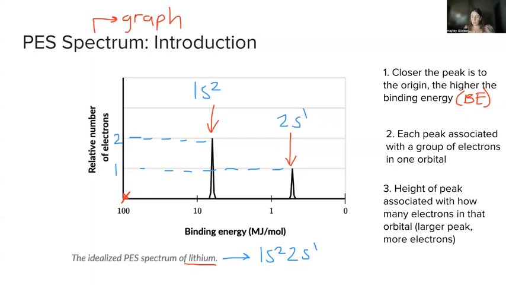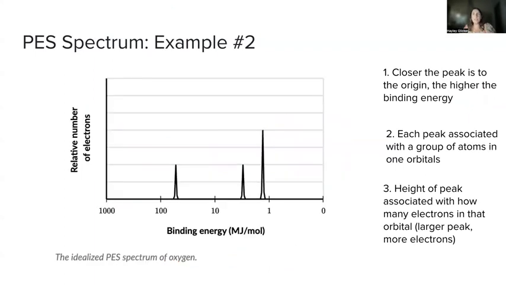We're going to talk through one more sample and then a comparison as well. Our example number 2 is the photoelectron spectrum of oxygen. We notice that there are 3 different peaks here, which means there are going to be 3 different orbitals in our atom of oxygen that have electrons in them.